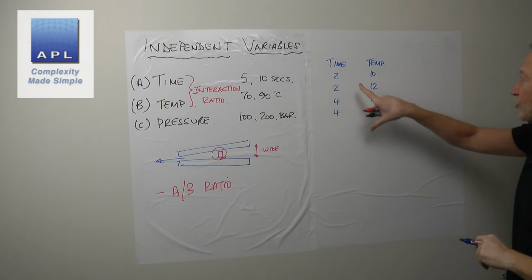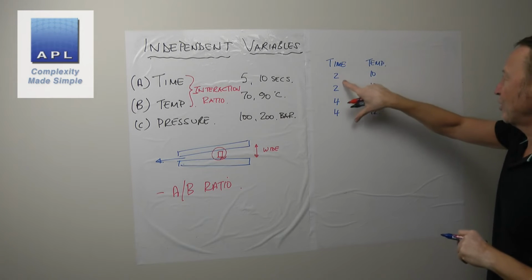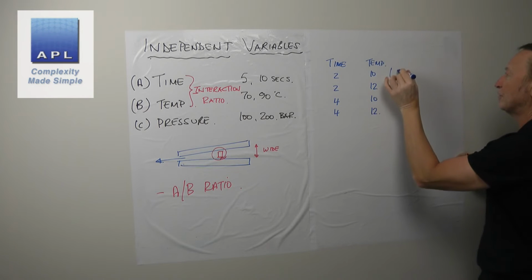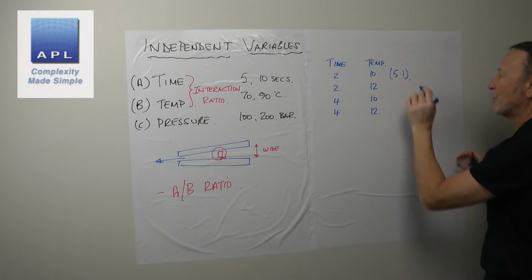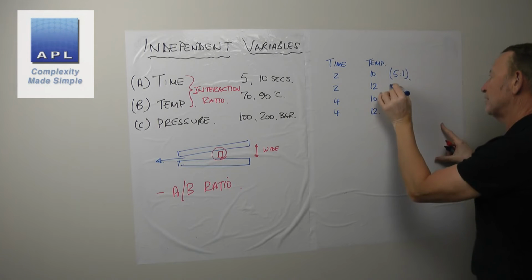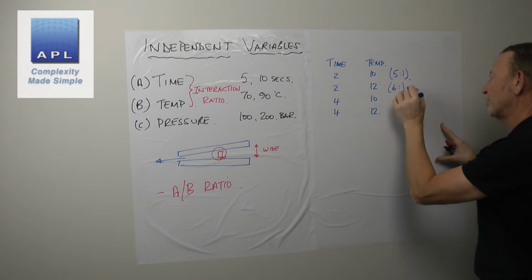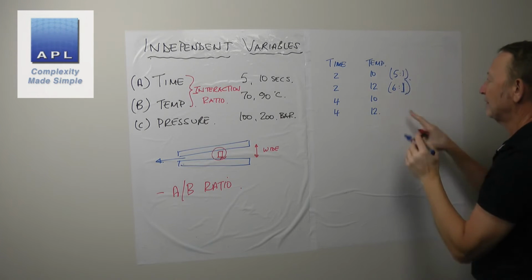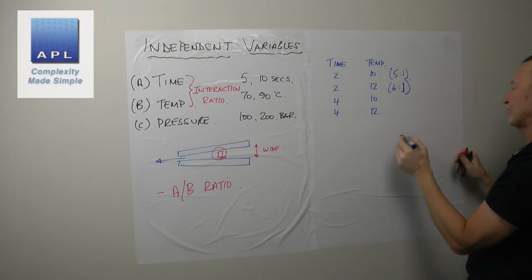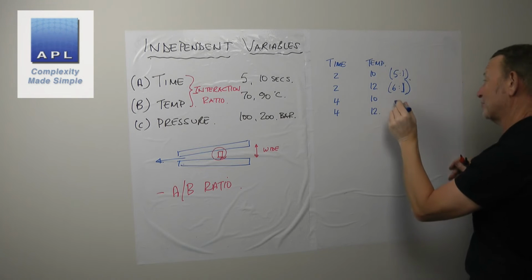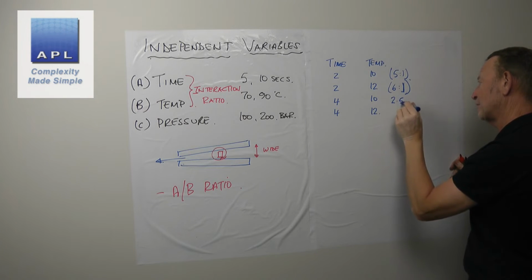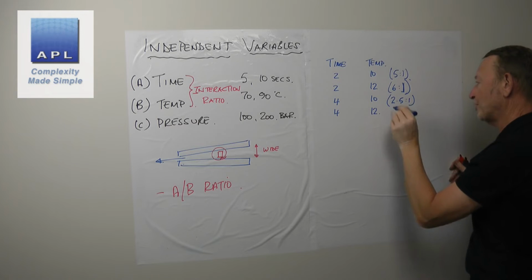Okay, now you'll see, look, the ratio is changing. So here, look, there's a 5-to-1 ratio. Here there's a 6-to-1 ratio. Here, what's that? 4 in 10, that's a 2.5-to-1 ratio.